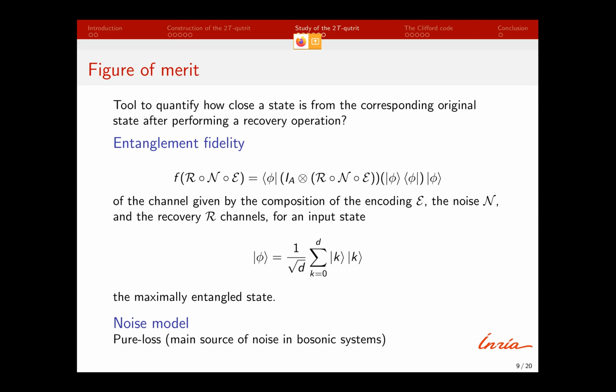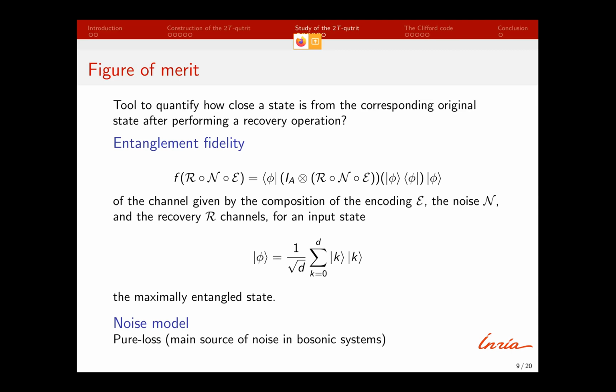And so it quantifies how good your code is at correcting for the noise channel that you're testing. It has the drawback that you're always considering the optimal recovery operation, and that doesn't mean you are able to actually physically perform this recovery operation, but at least it enables us to easily compare codes.